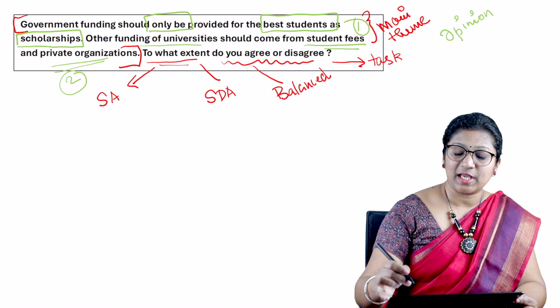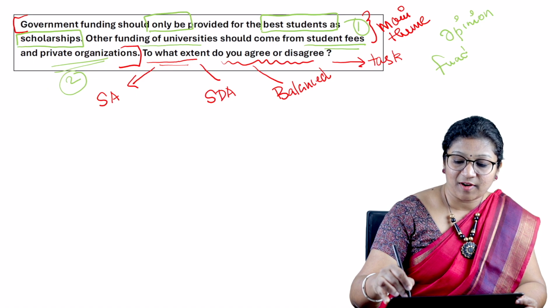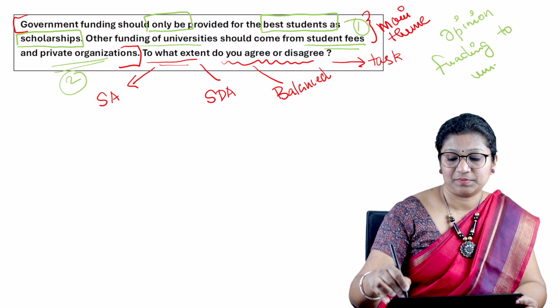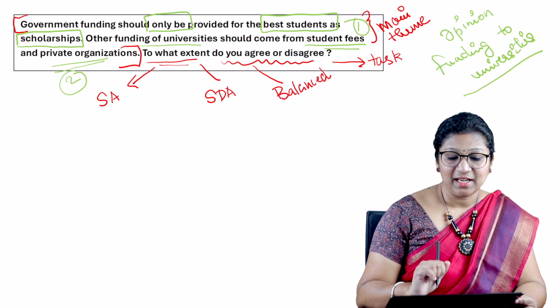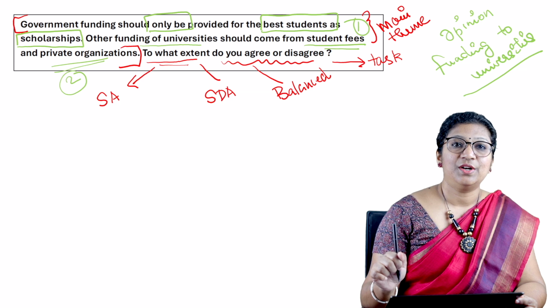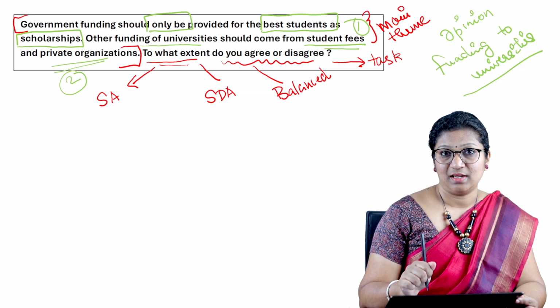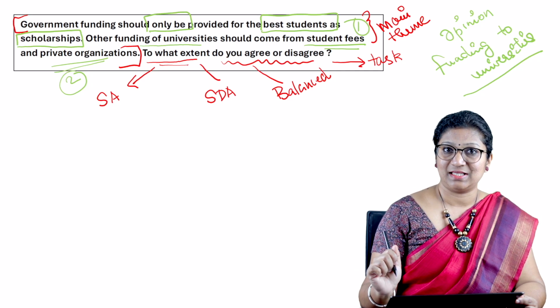So here you are mainly focusing on the funding to universities. Now the idea given here is, if the government is funding, it should only be used as scholarships for the best students. But the government fund cannot be used for any other purposes.